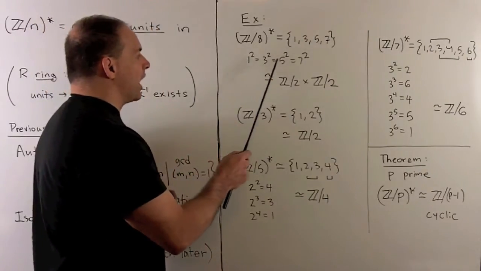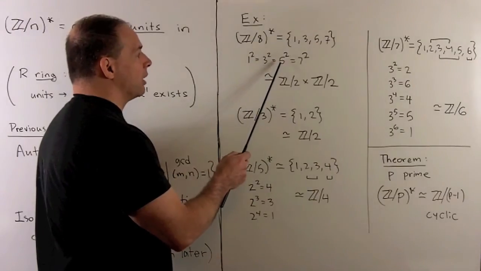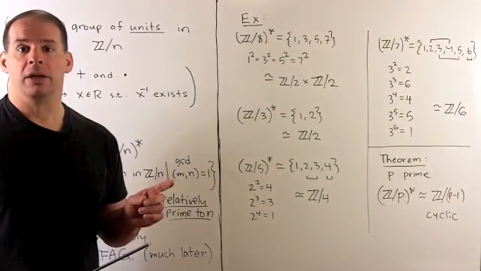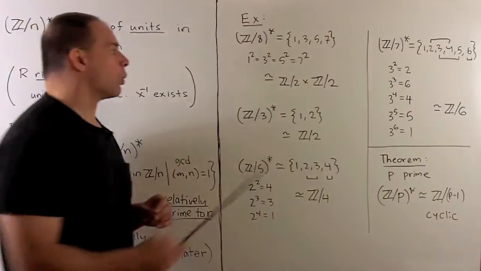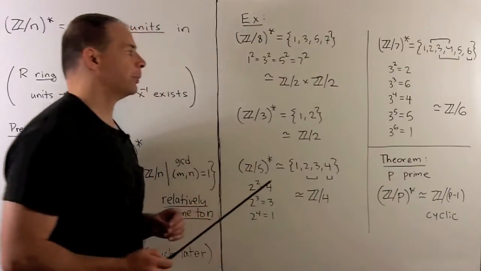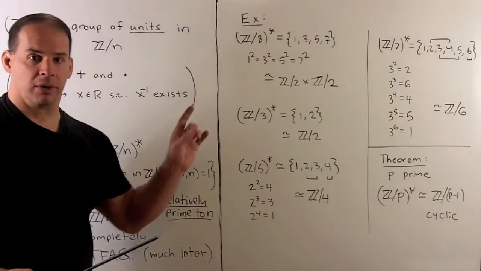If I square each element, okay, so 3 squared is 9, which is equal to 1, 5 squared, 25 goes to 1, 7 squared, 49 goes to 1. So every element has order 2 or 1. So we know we have Z mod 2 cross Z mod 2. Note, every element is its own inverse.